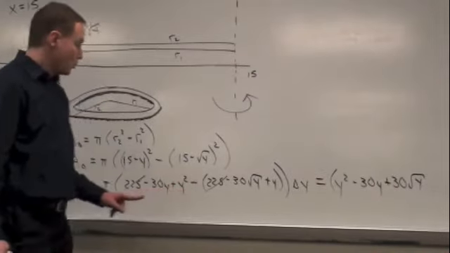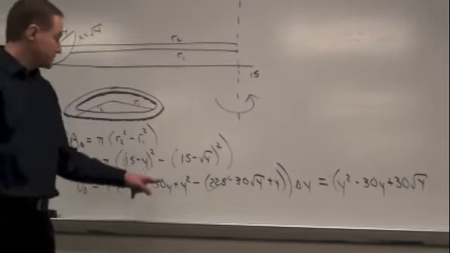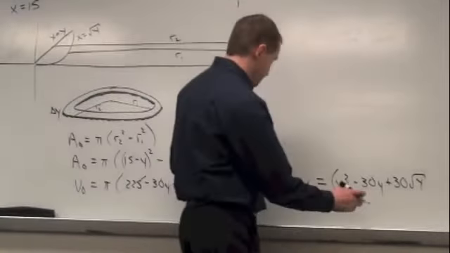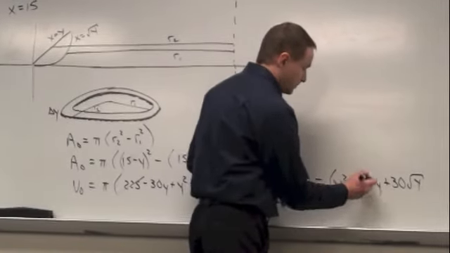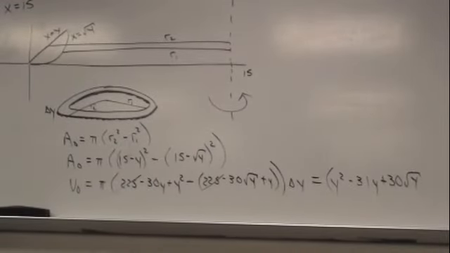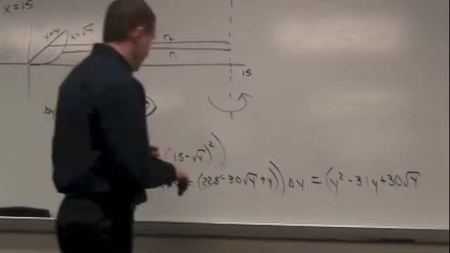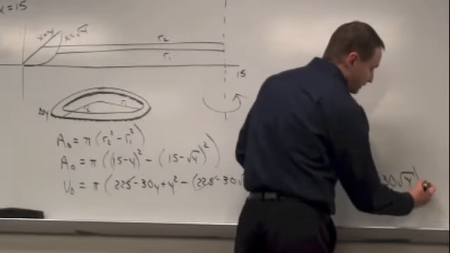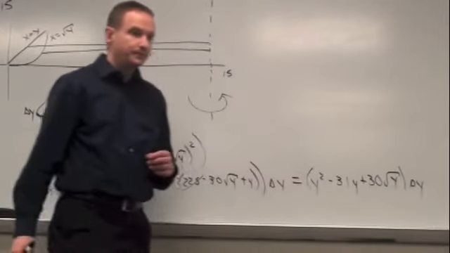And then, ooh, I forgot the minus y in there, so that's actually minus 31y. Need to combine my terms. So minus 31y, and now that does account for all of the values in there. All of this is multiplied by delta y.